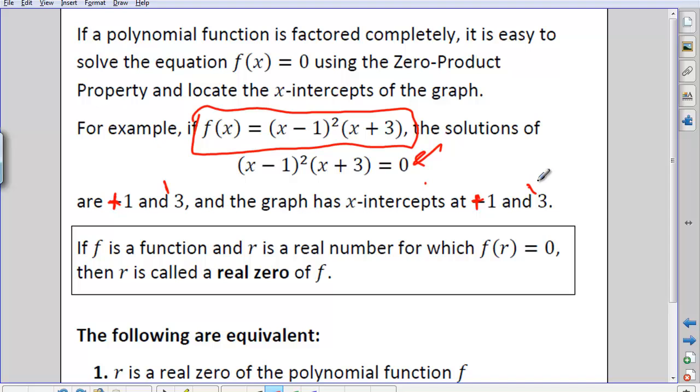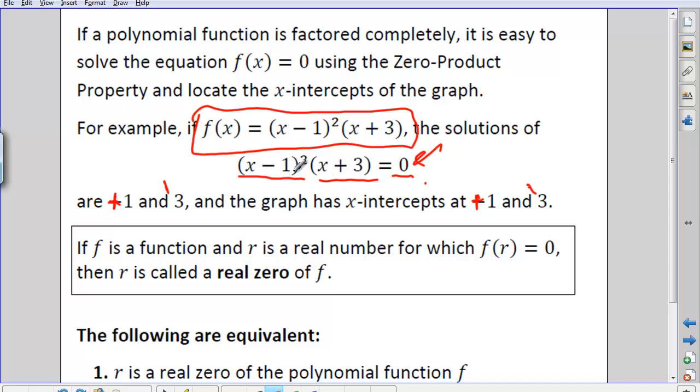And how do we get that? How do we know that 1 and -3 are solutions here? If you'll remember, to solve this equation, if you have x minus 1 squared times x plus 3 equals 0, you multiplied this piece by this piece to get a 0. So this times this equals 0 means one of these pieces had to be a 0, right? Either this piece or this piece.